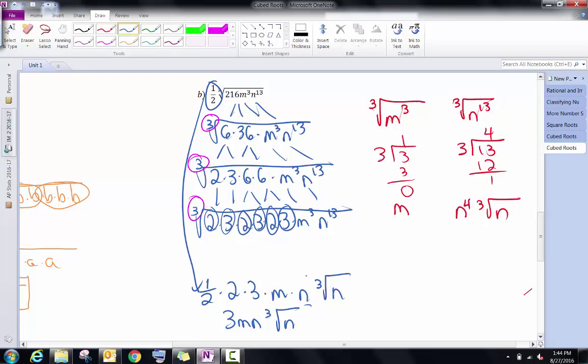Bring out 4 n's, but I had one remainder, so I have one still stuck in the radicand. So that's what we're looking at here. And then I just push it all together. Again, I forgot the 4. So 3m n to the 4th cubed root of n.